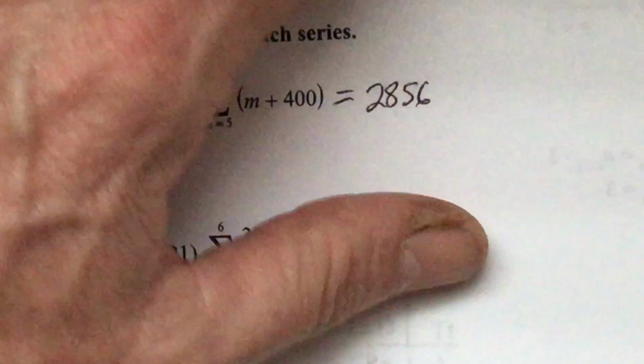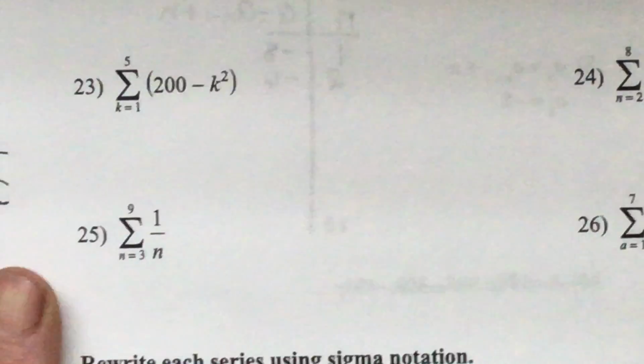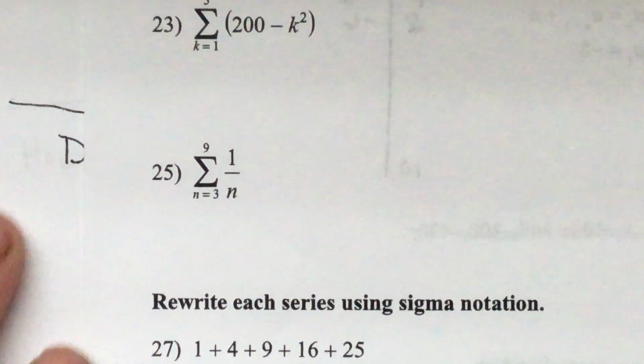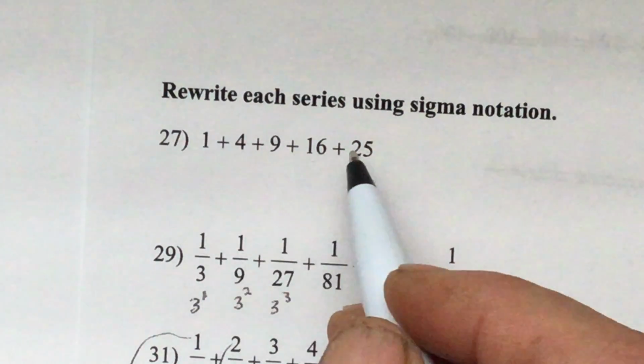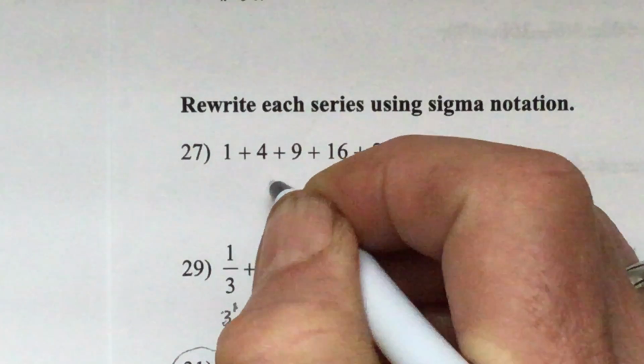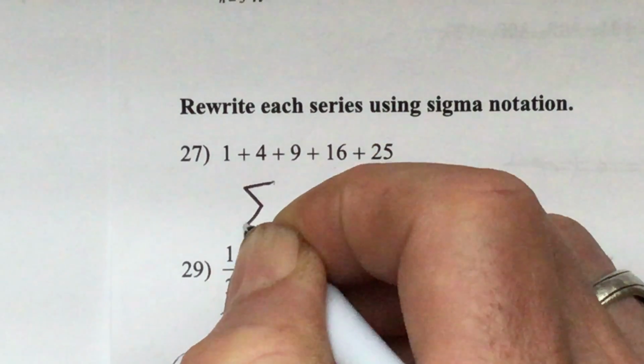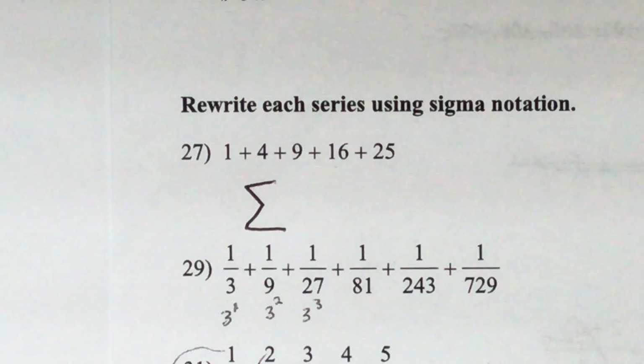All right, 27 through 32. Here's a series. We're going to use sigma notation. A lot of these are going to work because something was raised to some kind of power.